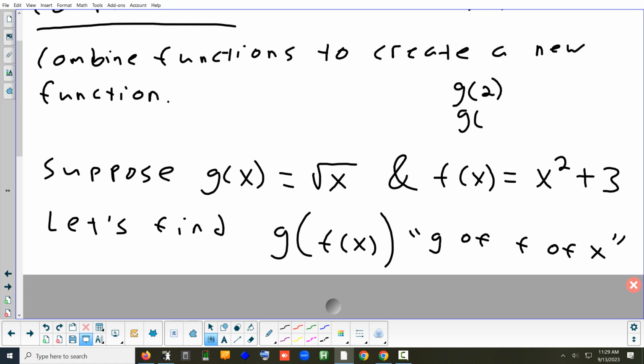If I wanted to find g of 4, I would plug 4 into function g. If I want to find g of f of x, I'm going to plug f of x into function g, just like I would plug a number. It's the same idea.